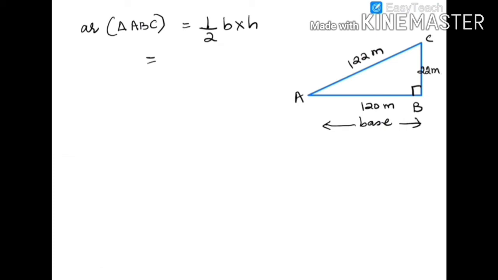So now we can find the area of this triangle using the formula half base into height. So if we take the base as AB, then the height will be BC. We have learnt in previous class that if we consider one side of a triangle as base, then the height will be line drawn perpendicular from the opposite vertex to the base.